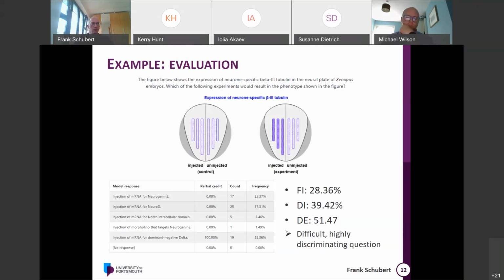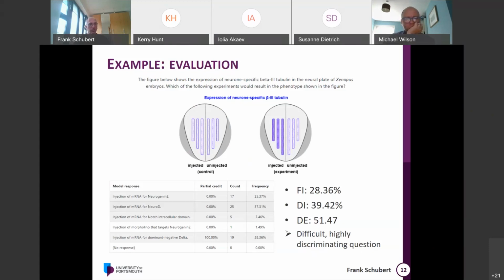So this required students to recall some of the factual knowledge that they had, but they also really had to think about what kind of experiment could give the result that is shown in the picture. And they had to then select out of the possible answers the one correct answer that would give this particular outcome. Now, this turned out to be a very difficult question.